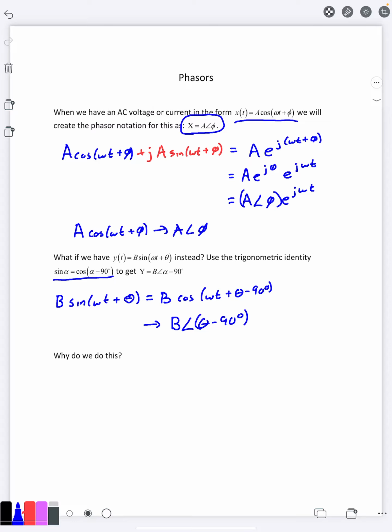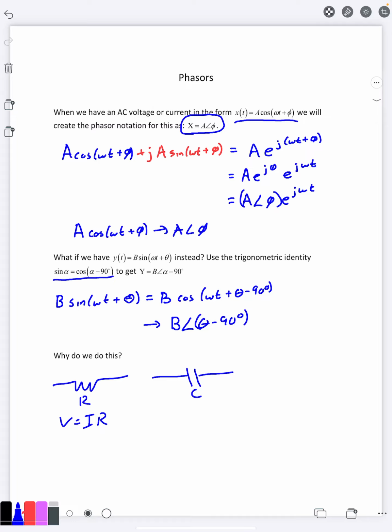So now why in the world are we adding this j sine part? Why are we making it into phasors in the first place? It's because when you have your regular Ohm's law, let's do a resistor here, we know V equals IR, and that's a nice algebraic equation relating the voltage and the current. On the other hand, if we have a capacitor, there is no nice algebraic equation relating them.